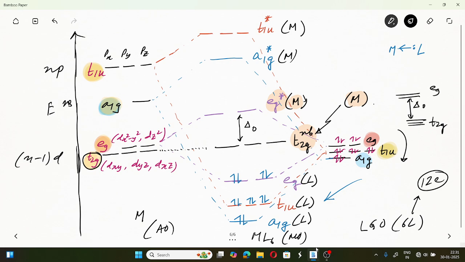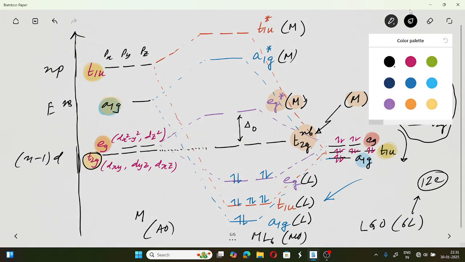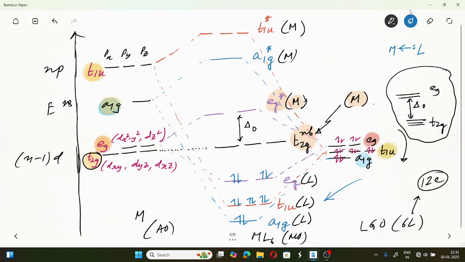And in crystal field theory, we have considered the orbitals of the metals only, and the electrons of the metal centers, suppose if it is a D5 system like this. For example, Mn(H2O)6 2 plus. Manganese 2 plus is a D5 high spin system, isn't it?